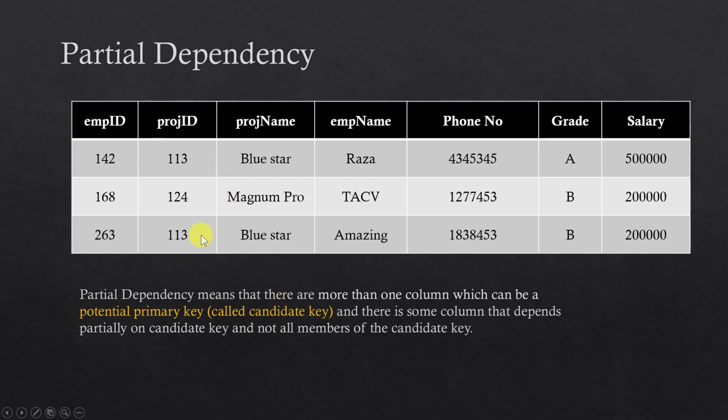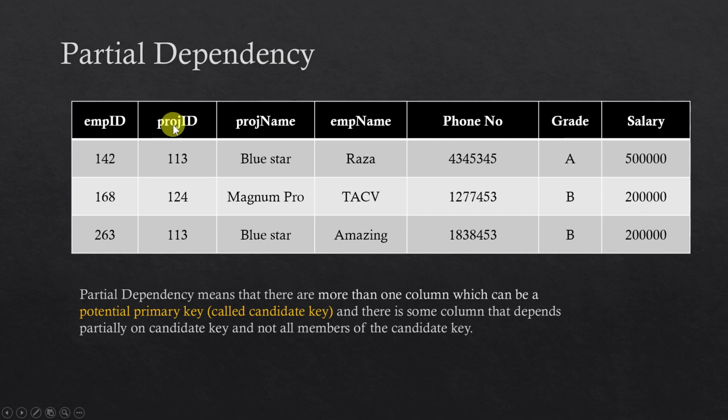Here in this table, we have employee ID which can be a primary key, and this project ID can also be a primary key. And talking about this table which has project and employee information, these two combine to form a composite primary key which will make all the records unique.